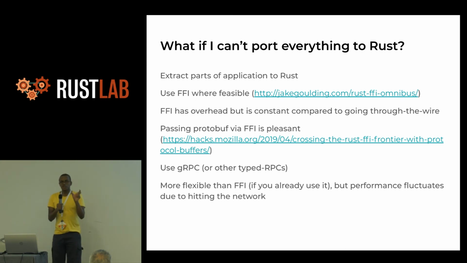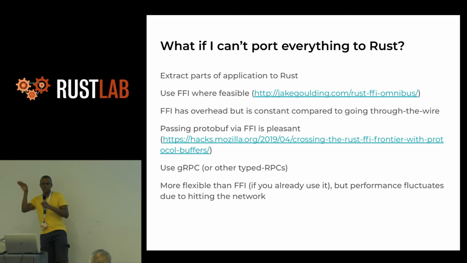The interesting thing with FFI is that it's got a bit of overhead, but it's constant compared to going through the wire. So interestingly, at work we've started using Rust. It's a case of if management don't know what you're using, you can use whatever you want. So that's how we're Trojan horsing Rust into our workplace. We had a time value of money calculation that ran in about 600 milliseconds in Java, after the JVM starts optimizing it.